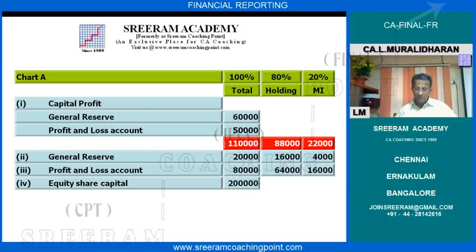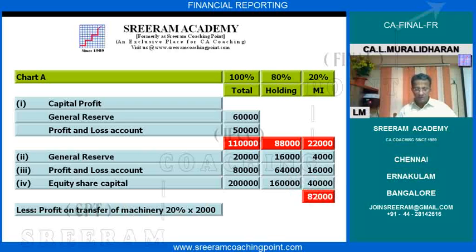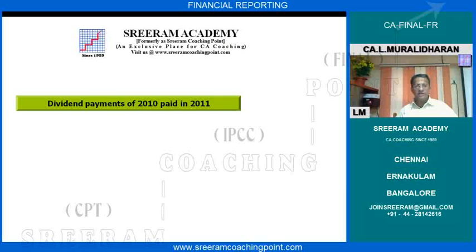Equity share capital 2 lakhs. There was an increase in capital only in the parent company for the amount of purchase consideration paid, and not in the share capital of the subsidiary company. So that will continue to be the same. The minority interest share in the profit on transfer of machinery is to be deducted, and minority interest is 81,600.